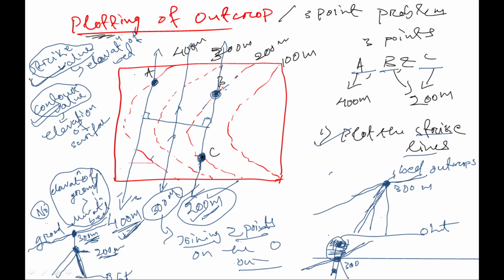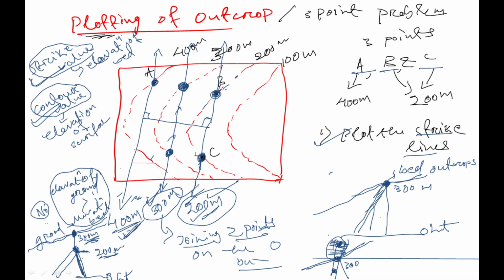Just see the example here. At this point the strike value is 300 meter, and this point which is present on the contour line is also having value of 300 meter. Similarly, at this point the strike value is 300 meter and contour value is also 300 meter.